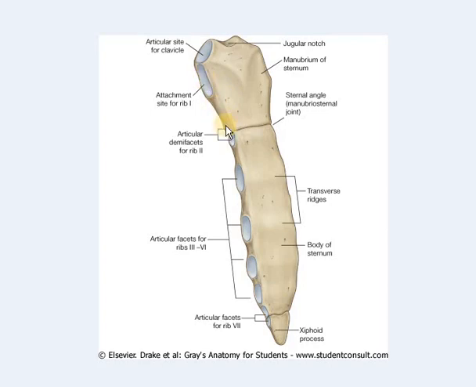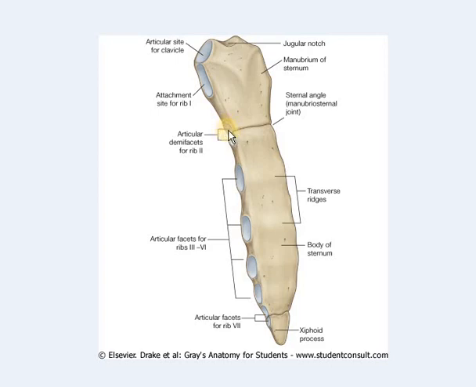Now comes the lateral border of the manubrium. As you can see, in the upper part of the lateral border there is an articulation for the first rib. So there is an impression, a notch, for the attachment of the first rib, whereas on the lower part of the lateral border of the manubrium you can find a demifacet.